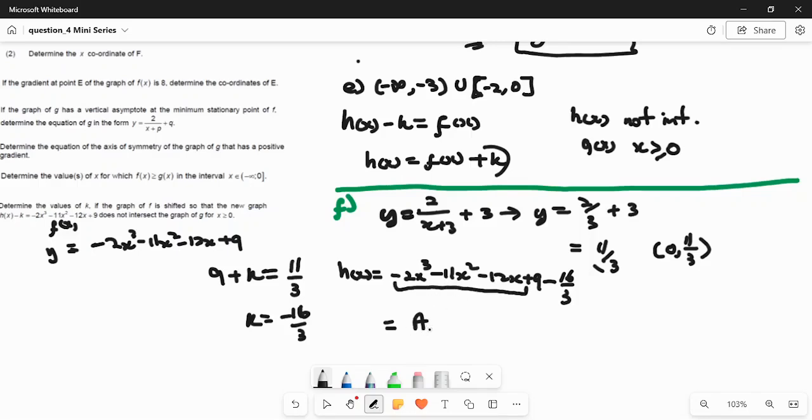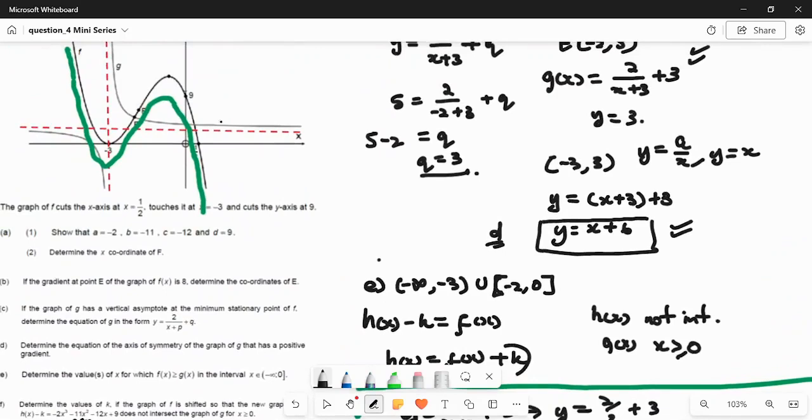All of that is just A, plus 11 divided by 3. That's my y-intercept of this new function h of x. And to make this function h of x intercept at that point, I had to add a negative 16 divided by 3.